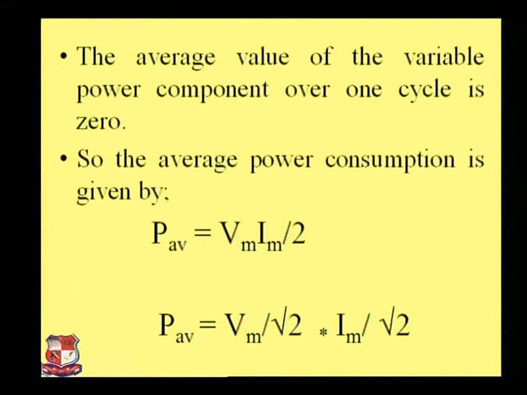Now the average value of the variable power component over one cycle is almost 0, because at the end of one cycle, the power consumed by that is almost 0. So the average power consumption is given by PAV, AV for average, Vm Im by 2, because the value of cos 2 omega t is almost 0. So PAV, that is average power, equals Vm by root 2 into Im by root 2, because you can write the 2 like that.